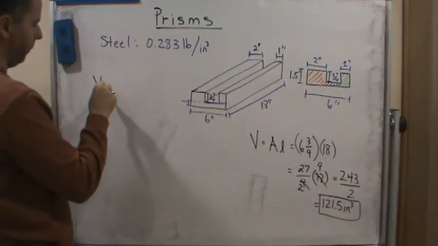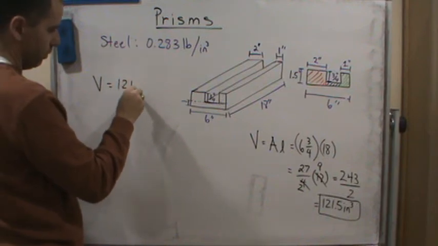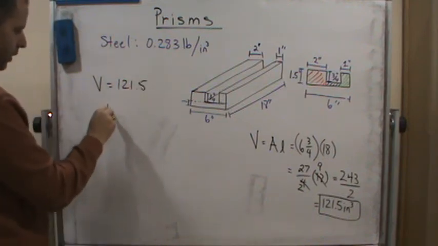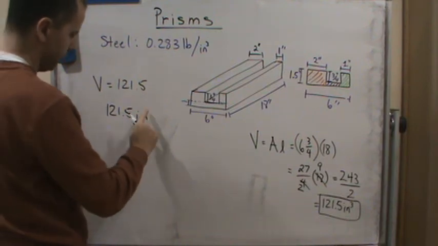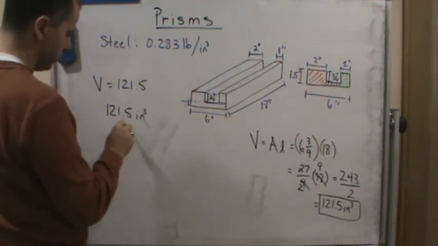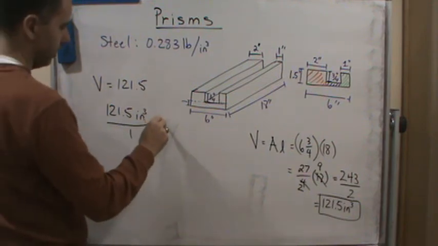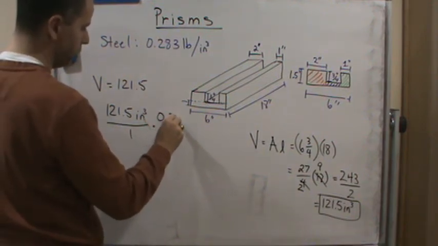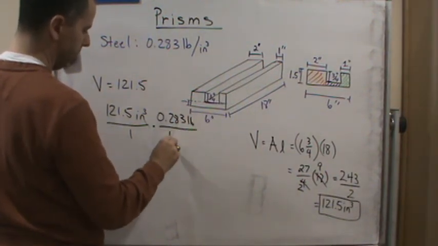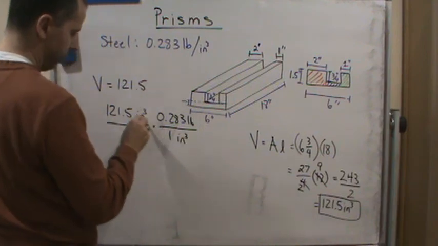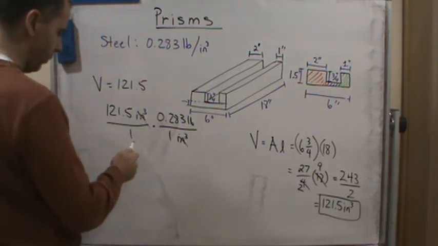So let's do that. So we take 121.5, and that's inches cubed. And now we're going to multiply that by 0.283 pounds over 1 cubic inch. And of course the cubic inches cancel each other out.